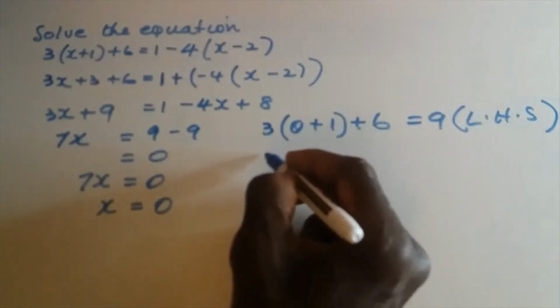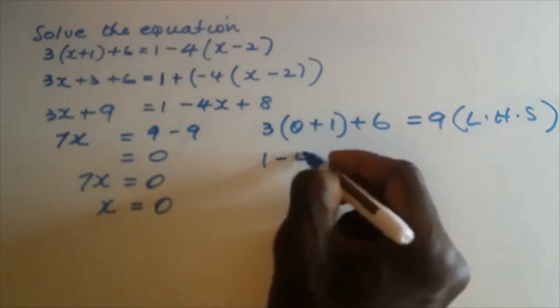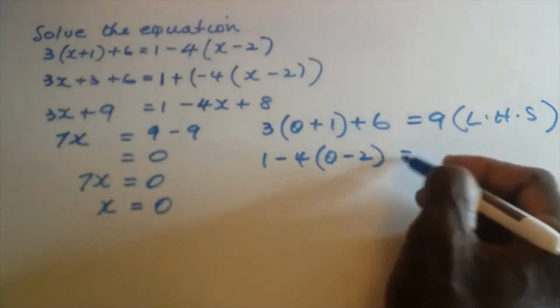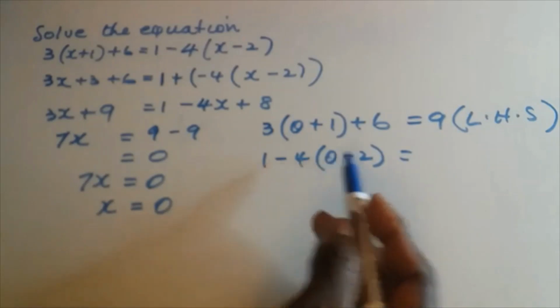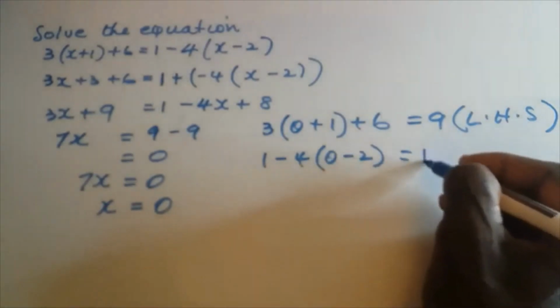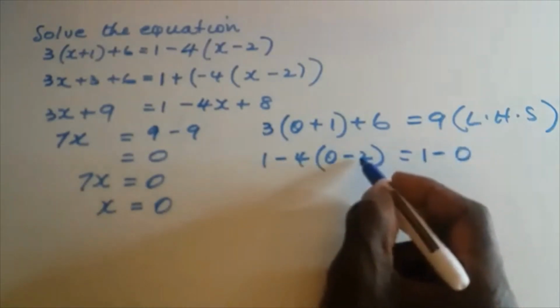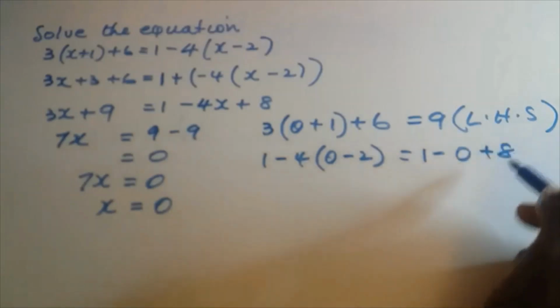The right hand side will be 1 minus 4 into 0 minus 2. So here we get minus 4 times 0, which is 0. So we have 1 minus 0, minus 4 times negative 2, which is 8.